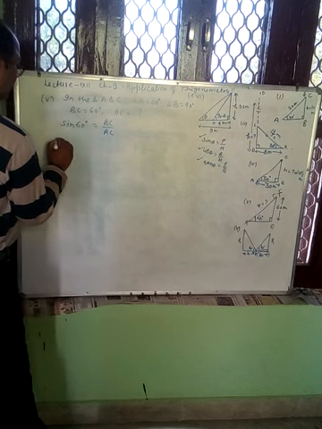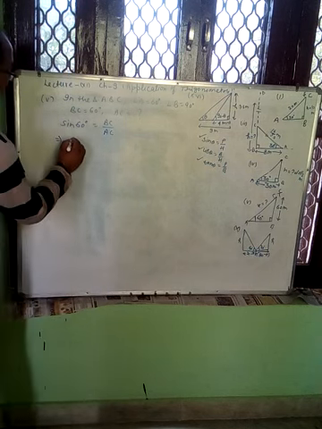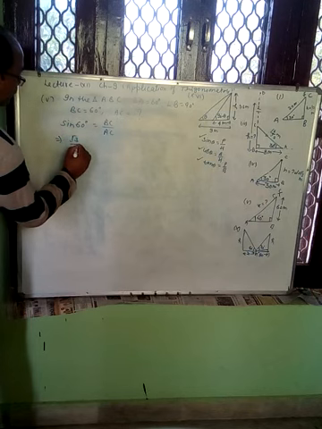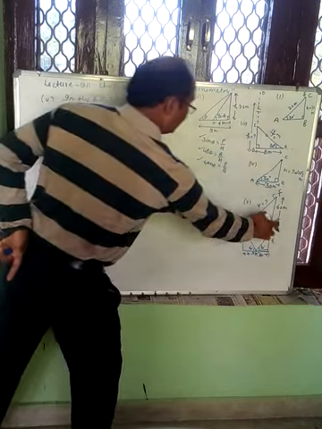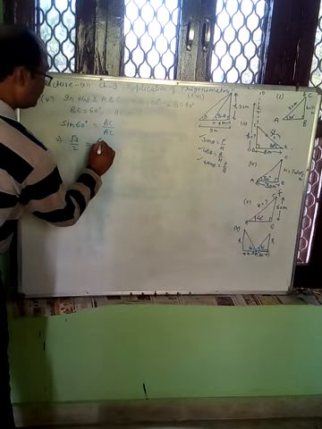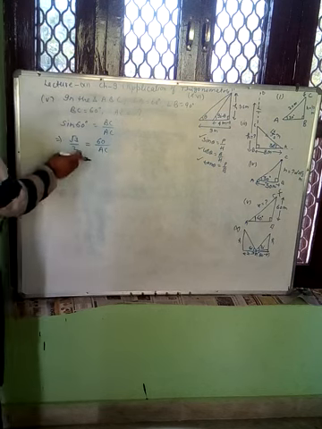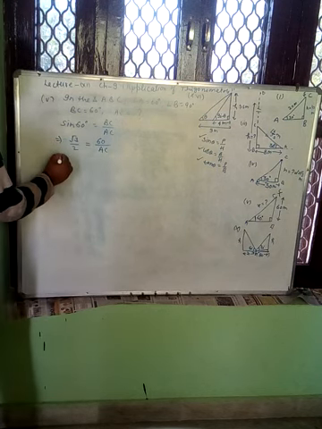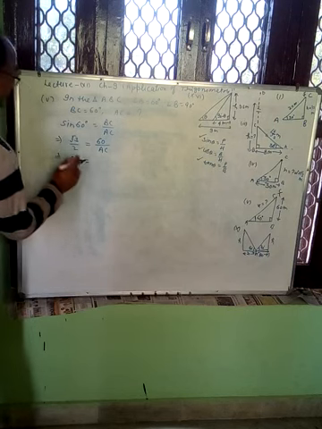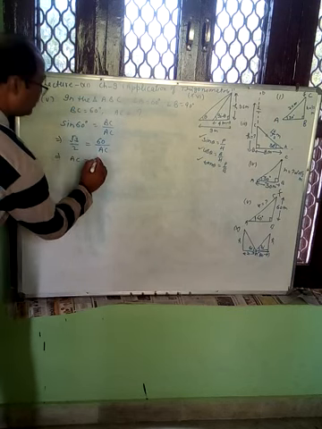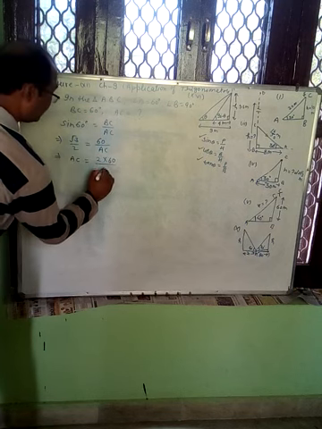Now sin 60 degrees, as we already know, is root 3 upon 2, which is equal to BC, that is 60 meters, upon AC. By cross multiplying, AC is equal to 2 into 60 upon root 3.